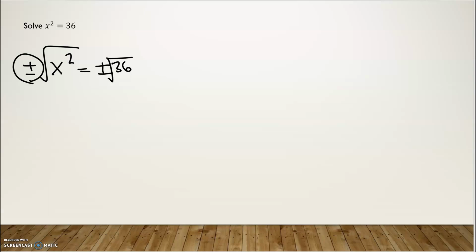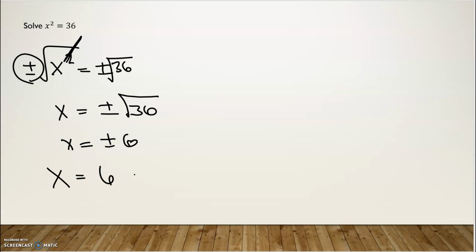The reason why I don't put it here is because these two cancel each other out, and I'm left with just the x. And then I have the plus or minus the square root of 36. And the square root of 36 is just 6. So I have plus or minus 6 for my answer. So that's like saying x equals 6 or x equals negative 6.